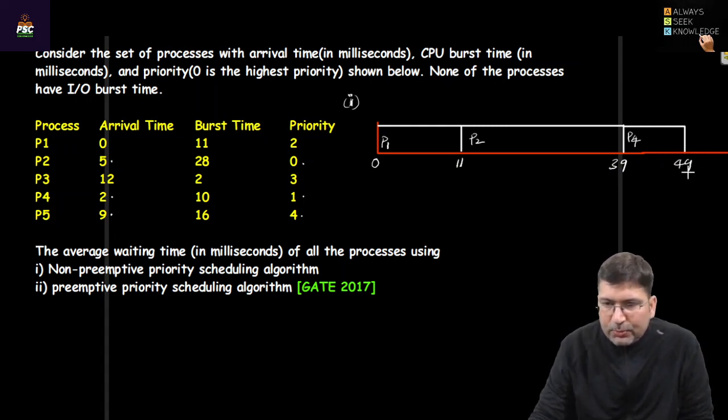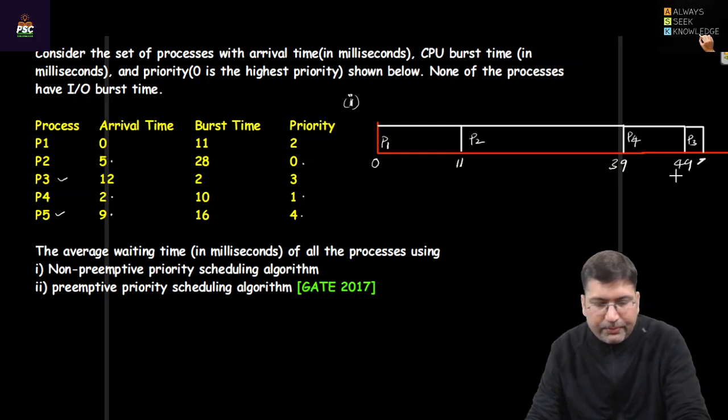By this point in time, when the scheduler decides next, there are only 2 processes: P3 and P5. Out of P3 and P5, P3 has higher priority, so P3 will be scheduled. P3 requests only 2 CPU cycles, so it will consume only 2 cycles, and let's say it is 51.